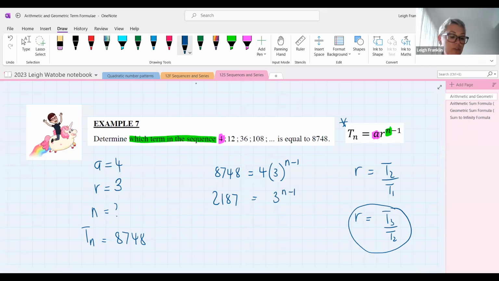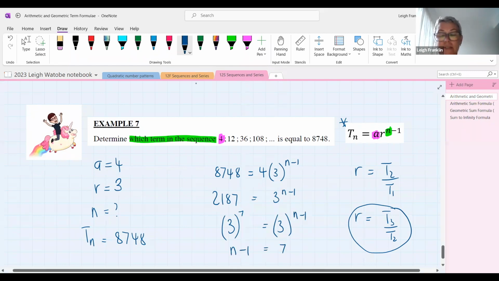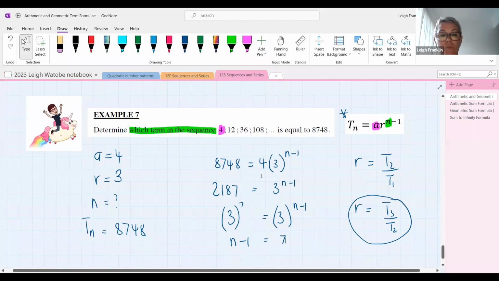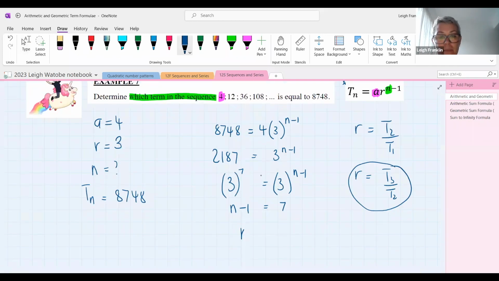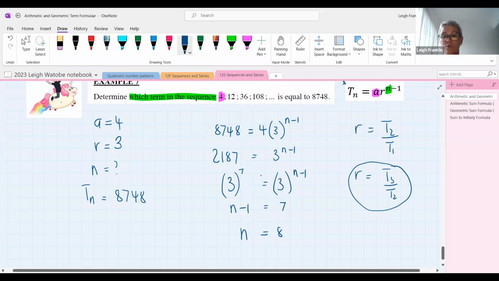I've then got to write 2187 as 3 to the power of something. Using my calculator, I establish that 3 to the power of 7 is equal to 3 to the power of n minus 1. So that means that n minus 1 is 7. Now I'm going to take my 1 over to the other side, and that means that n is going to be equal to 8 in this case.